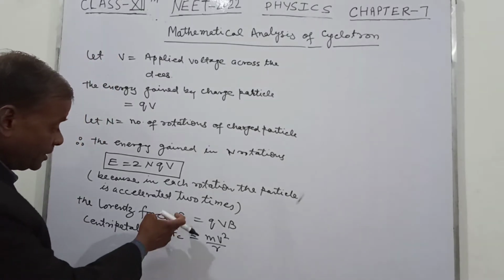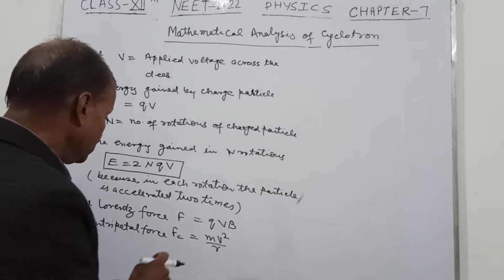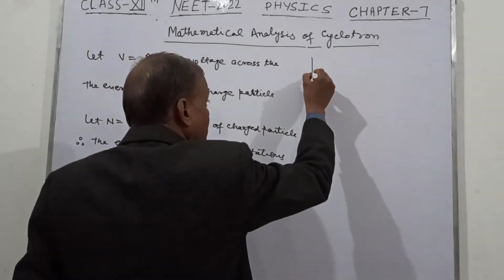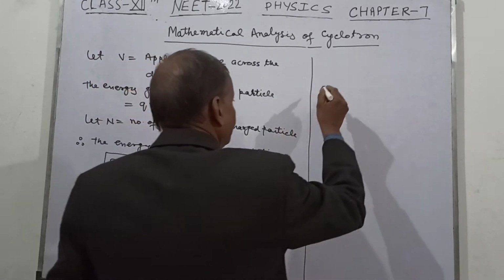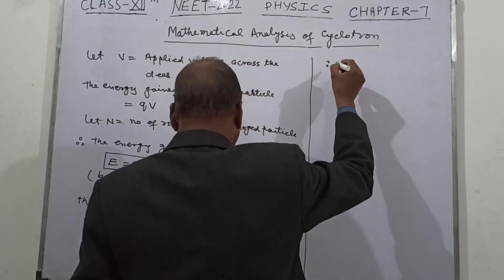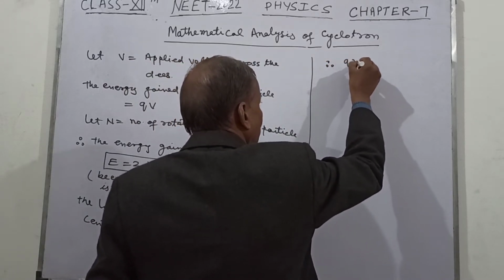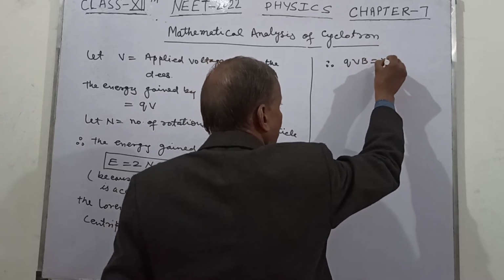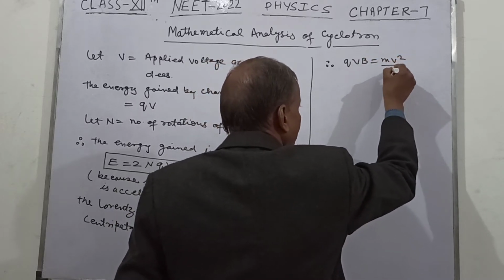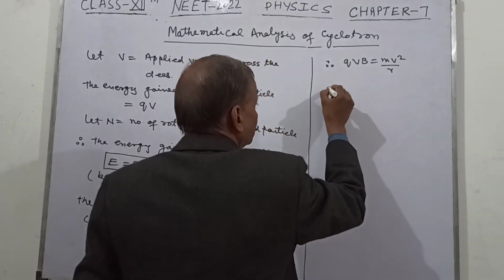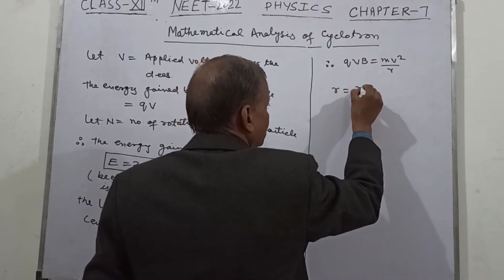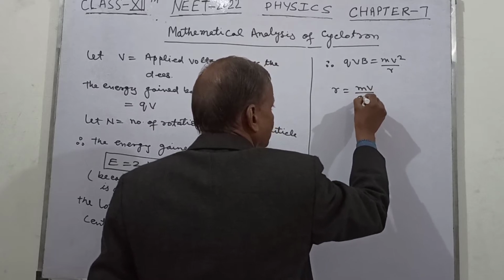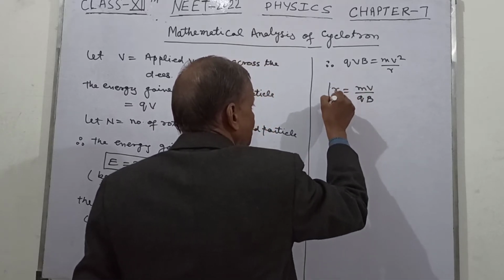So in equilibrium they must be equal. Therefore QvB equal to mv square upon r, or r equal to mv upon qB.